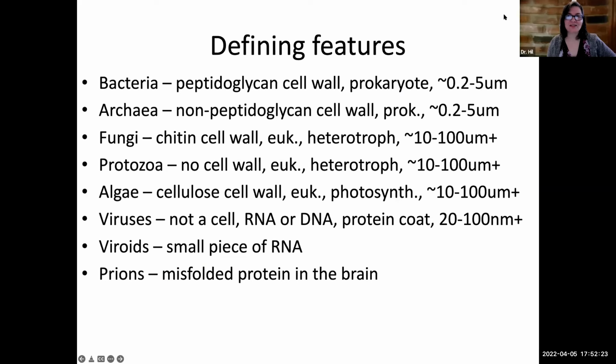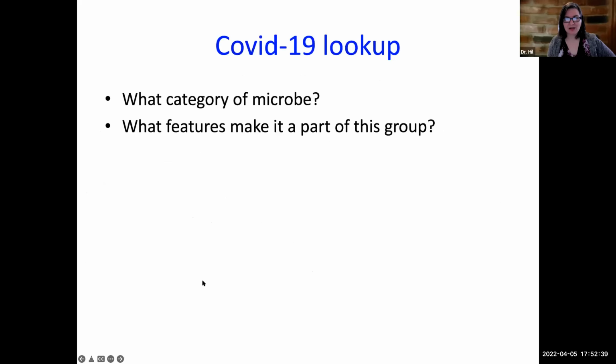Okay, so here is a sort of summary. I would not say it's completely comprehensive, but a brief summary of some of the major points about each of these things, to help you in your studying, to help you remember who's who and what they all have and what you need to remember for the test. Okay, so we are gonna skip the COVID lookup because of where we are in our time.